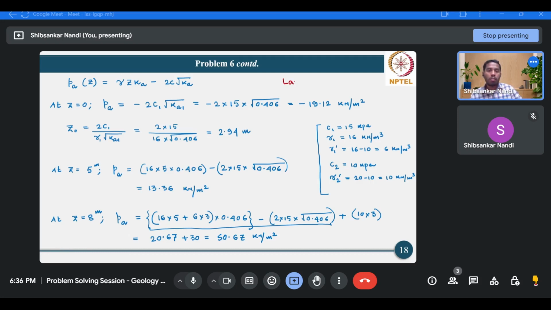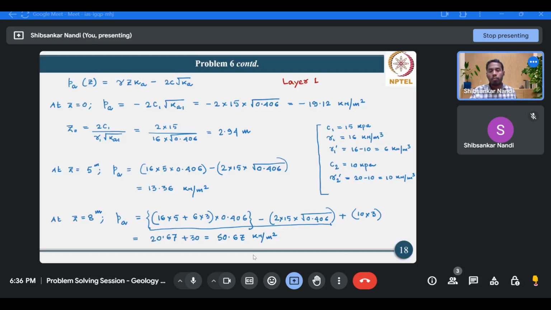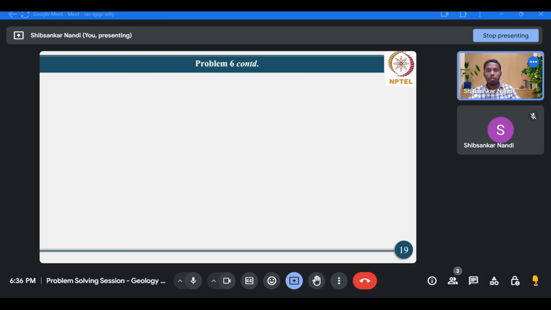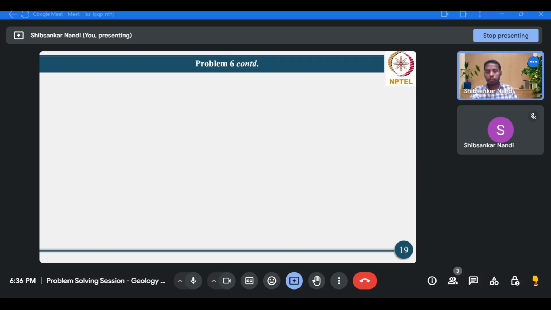Okay, so this calculation was for layer 1. Now we'll move on to layer 2.